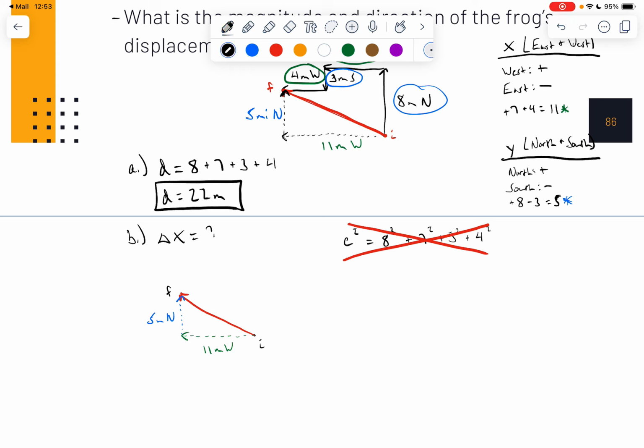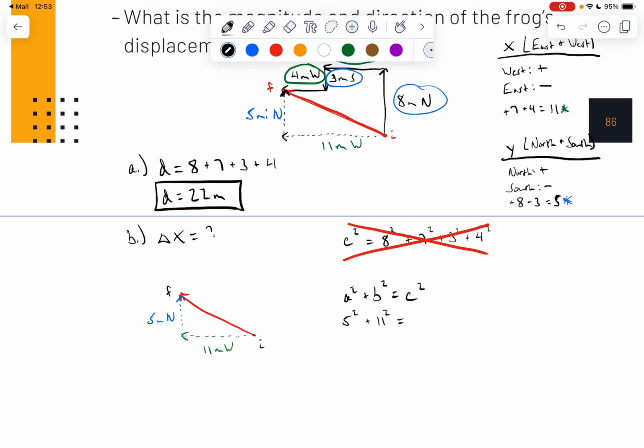So now this is the triangle where we have sides 11 and 5 that we want to apply our Pythagorean theorem for. So now we can do our a squared plus b squared being equal to c squared. So A, let's call that our side of 5 meters north. B is going to be our 11 meters west, which again we have to square.